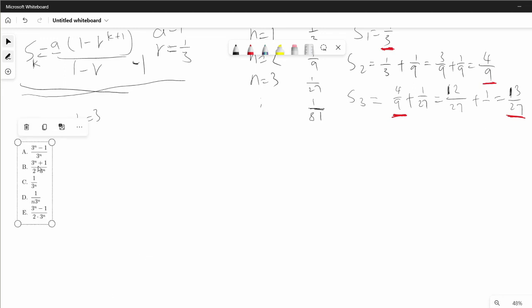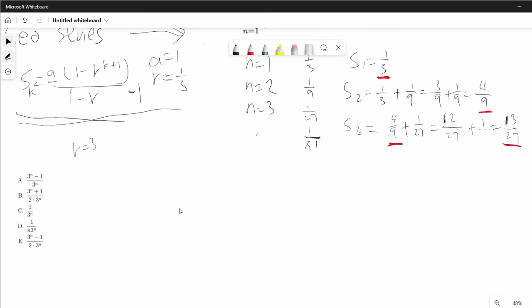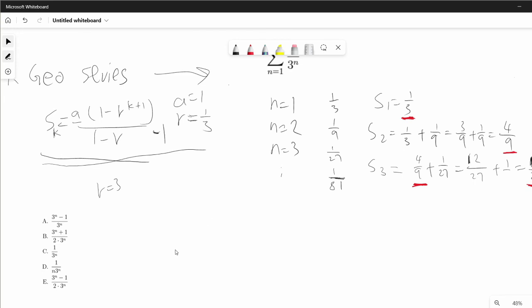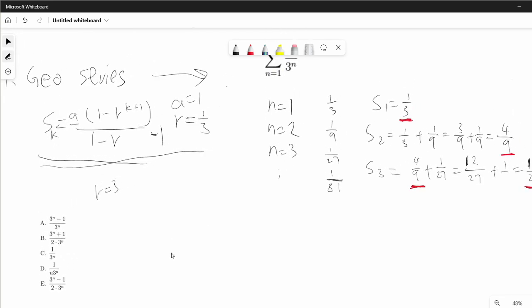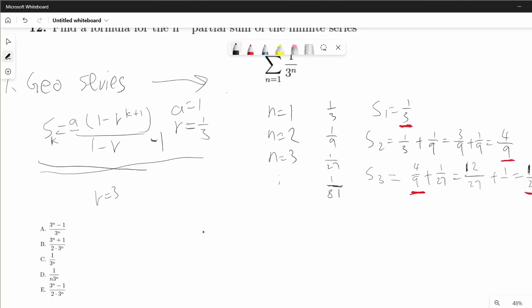Now the third idea is, you're absolutely desperate to get this answer right. It's just plug and chug, good old plug and chug. Since you have the formulas here, you have the partial sums you calculated. Let's say you calculate that this one is 13 over 27, or rather that should be S3. S4 would be what?